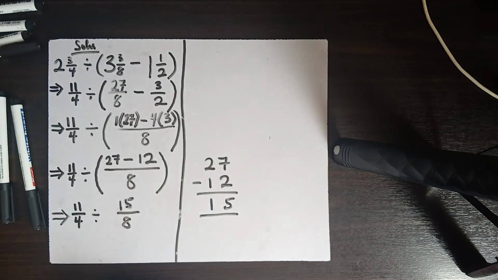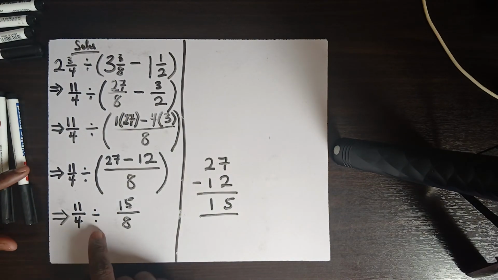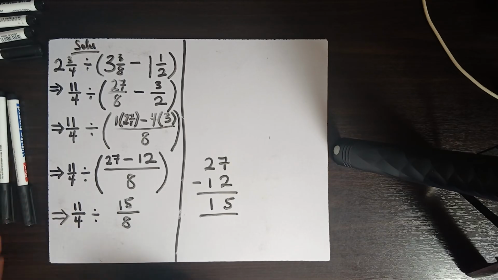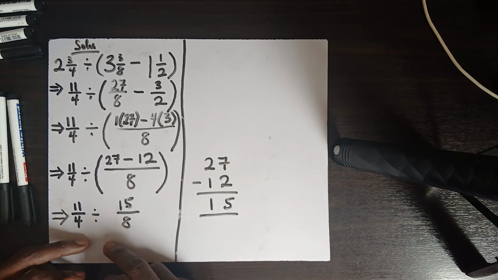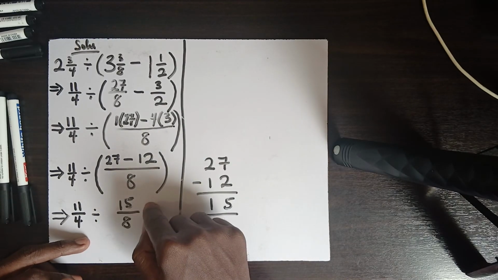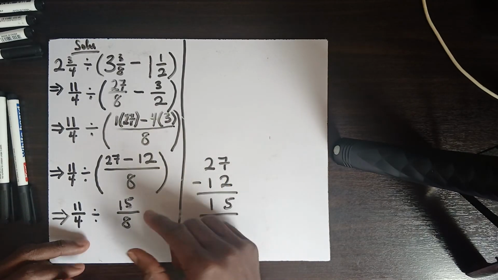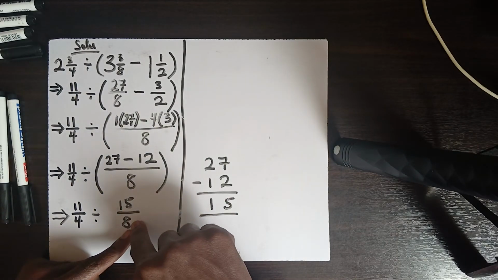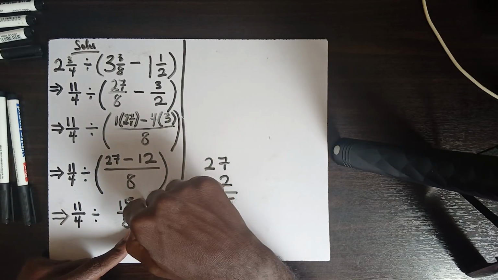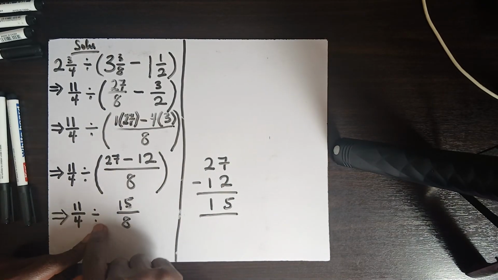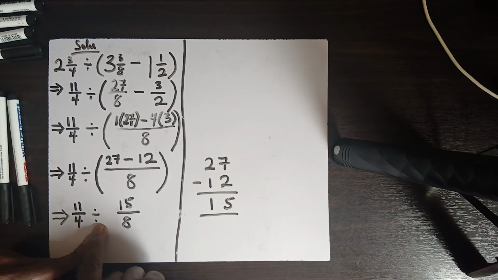Okay, so now whenever we have division between two fractions and we want to simplify it, what we do is that we reciprocate the fraction on the right hand side. Reciprocation means that we will turn the fraction upside down so that the denominator now becomes the numerator, then the numerator becomes the denominator, and then the symbol here changes from division to multiplication.